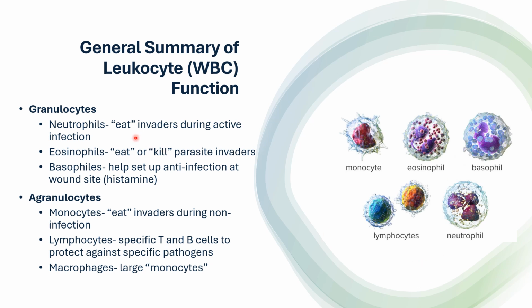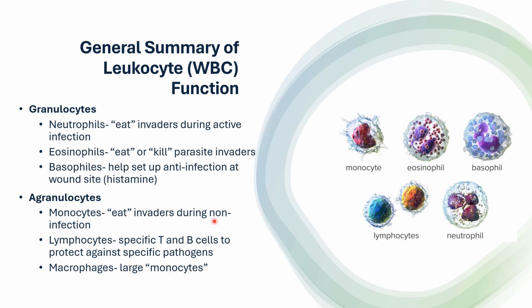So what are their jobs? Neutrophils, I mean, you can look through all of these, and it all has to do with the immune system. It all has to do with keeping your blood, quote unquote, clean of parasitic invaders, trying to minimize infection, and then having a kind of a memory.